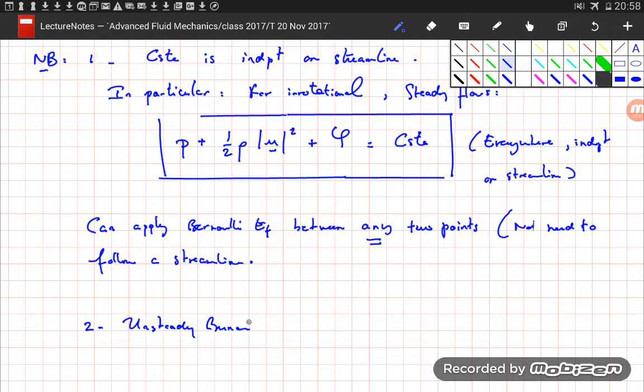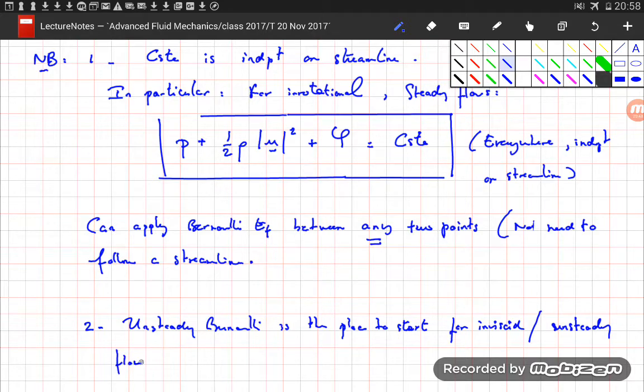Unsteady Bernoulli is the place to start for inviscid and unsteady flows. So I can tell you right away when you will see unsteady Bernoulli in lecture, when we'll talk about objects which accelerate in an inviscid fluid. Acceleration means the velocity field changes and therefore it's not steady, so we'll use the unsteady Bernoulli equation there.